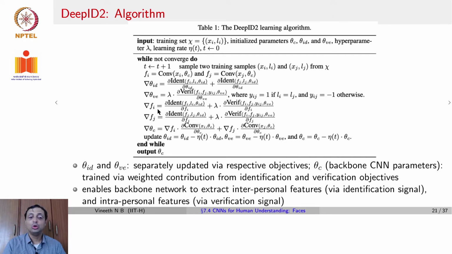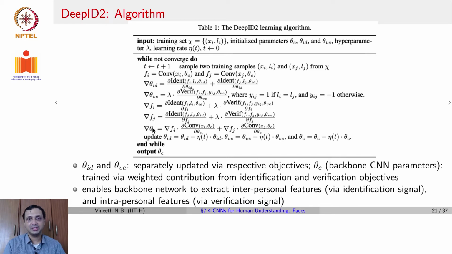Then similarly, ∂L/∂Fi and ∂L/∂Fj are given by, remember, Fi and Fj are the gradients with respect to the embeddings Fi and Fj, which are outputs of the CNN, and are given by ∂identification plus ∂verification for Fi, and ∂Fj is similarly for Fj.